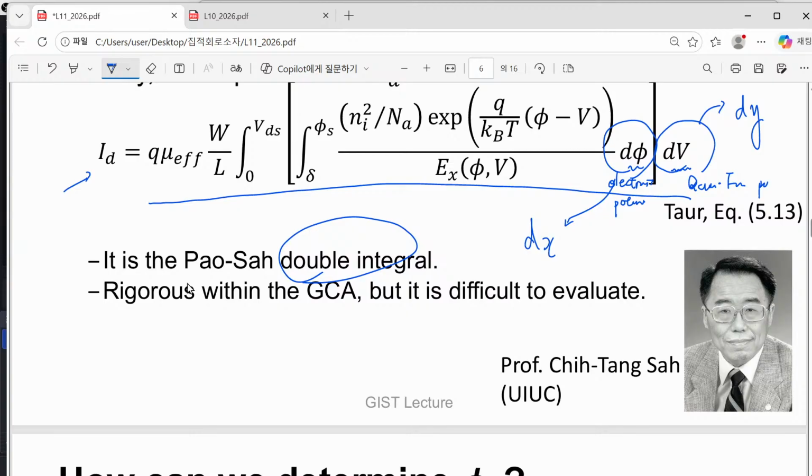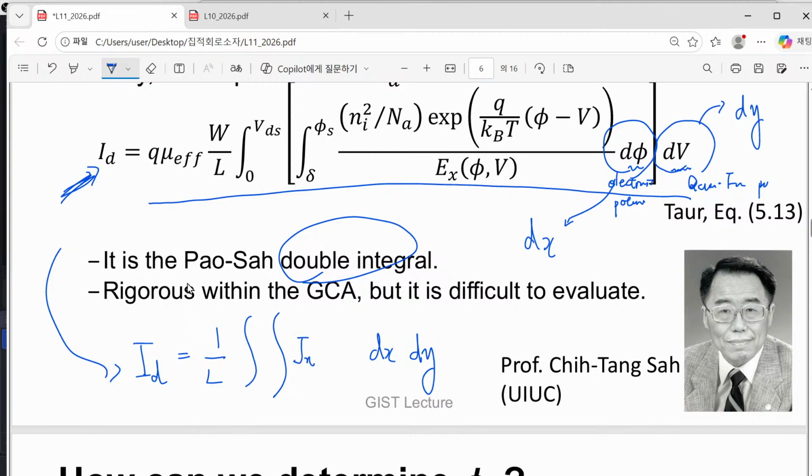Although this expression looks so complicated, it is nothing but saying that our current density, or our drain current, can be obtained by this simple integration dx dy of Jn, the y component at (x, y).